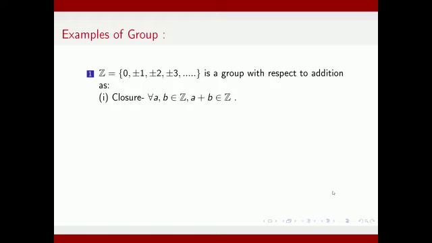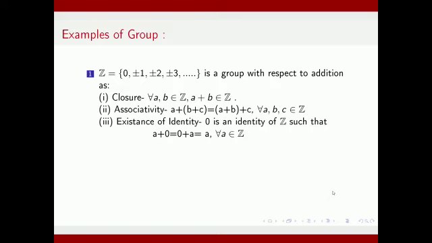Therefore closure property is satisfied in Z. Associative property is also satisfied because the operation is addition. Existence of identity. Here 0 is the identity of Z such that A plus 0 is equal to 0 plus A is equal to A for all A in Z.